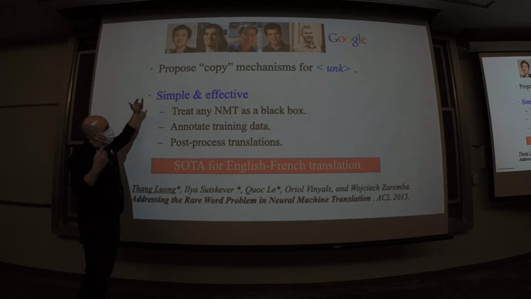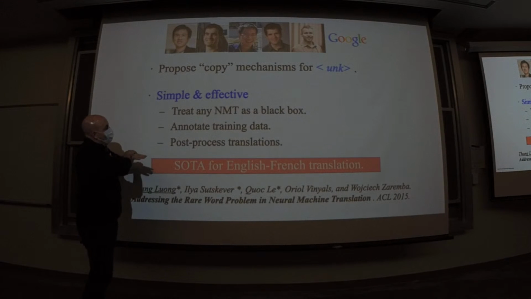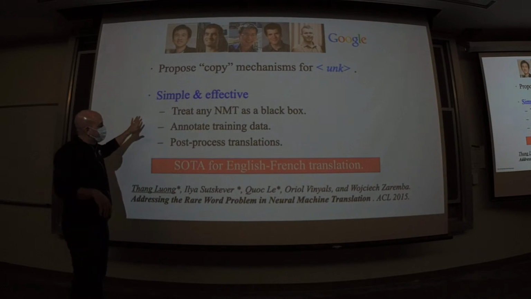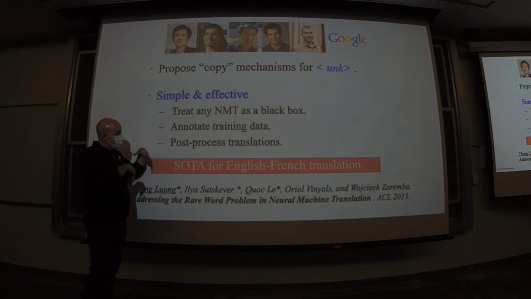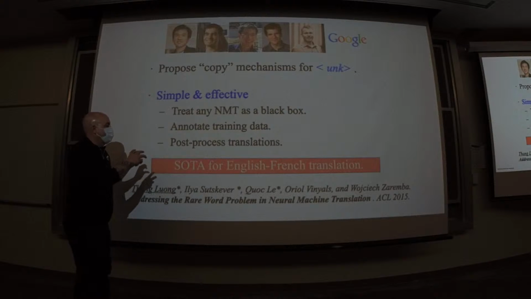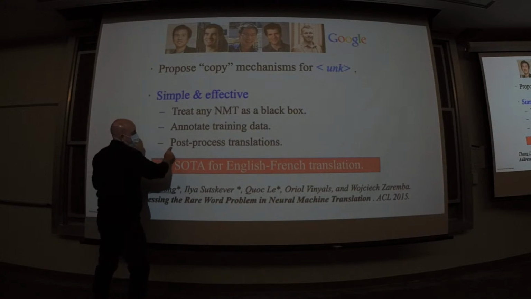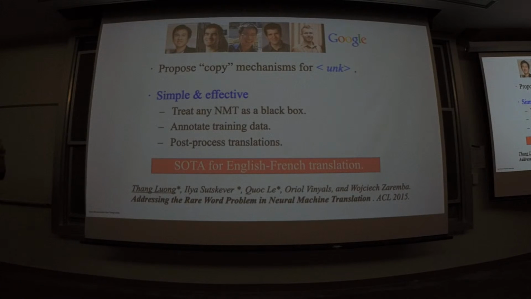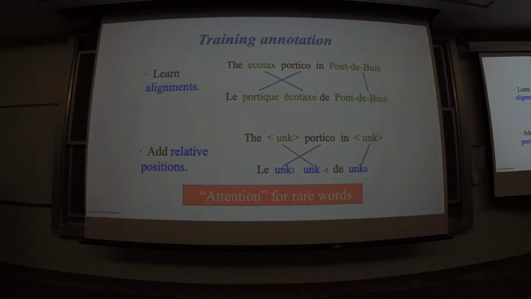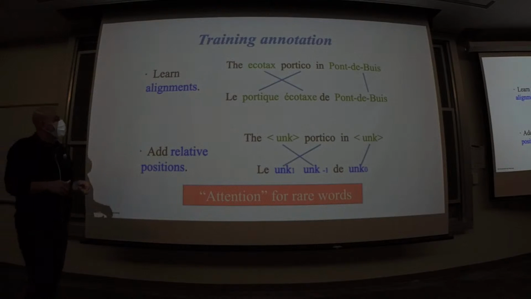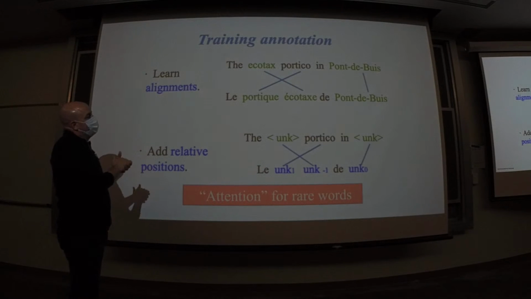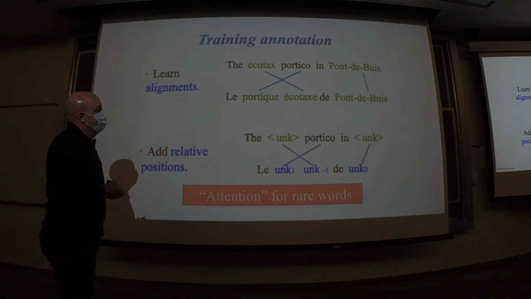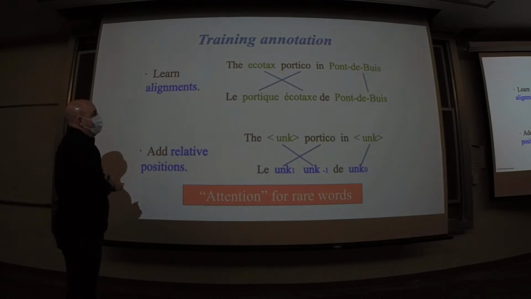So what do they do? What's this copy mechanism for the unknown? Well, you do the translation as usual, but after you've done the translations, you're ignoring the unknowns essentially. You do post-processing on the translations that looks at the unknowns. How does this work? You have an additional component that works after the neural machine translation and learns something about alignments.